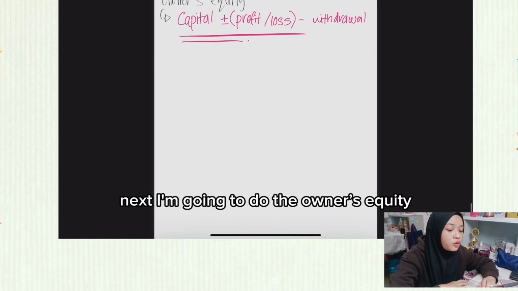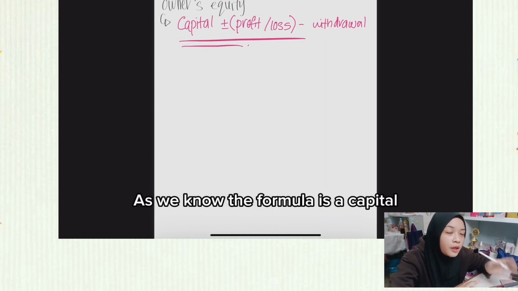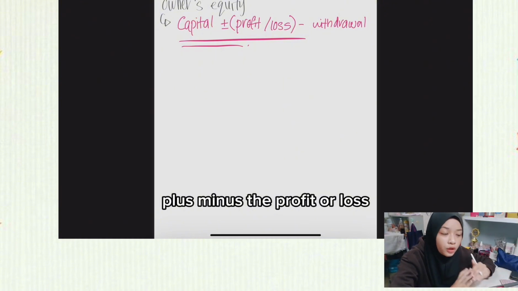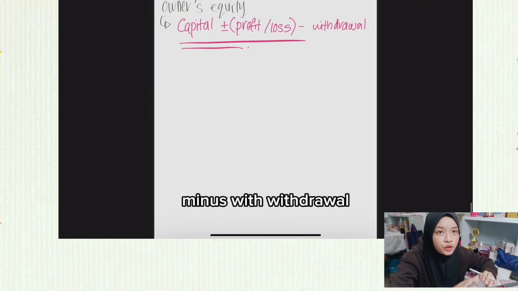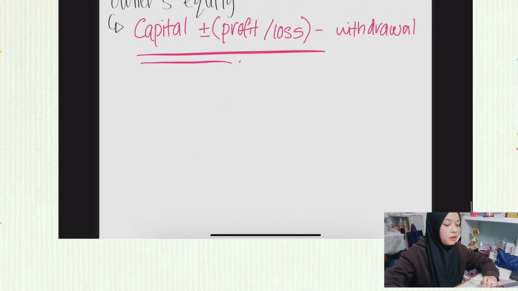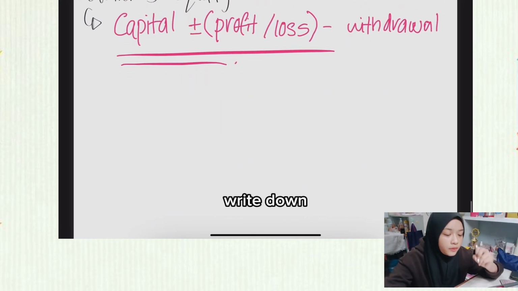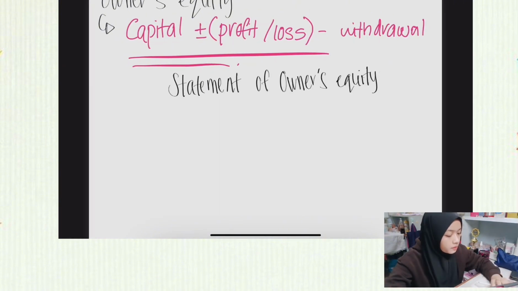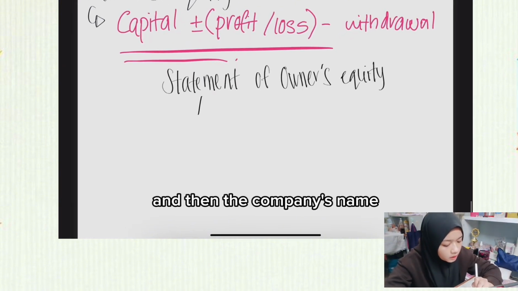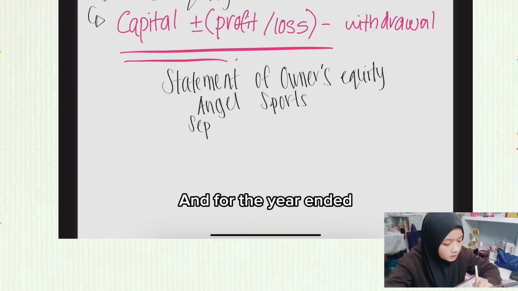Next, I'm going to do the owner's equity. As we know, the formula is capital plus or minus the profit or loss minus withdrawal. So, how to write? First thing first, write down the statement. Write down the title first, and then the company's name, and for the year end.